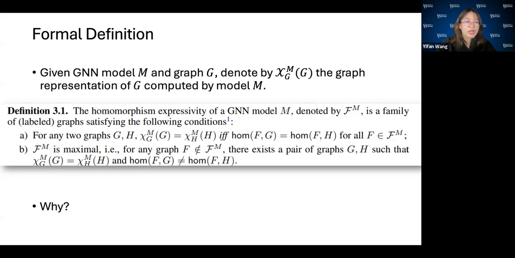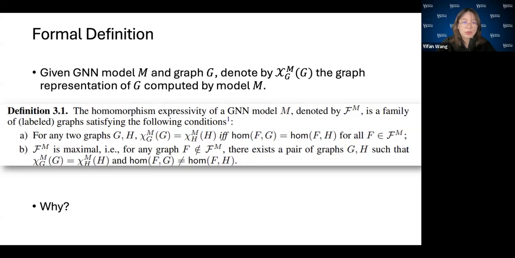For any two graphs G and H, the representations of the two graphs will be equal if and only if hom(F, G) and hom(F, H) are equal for all the substructures F in this set.